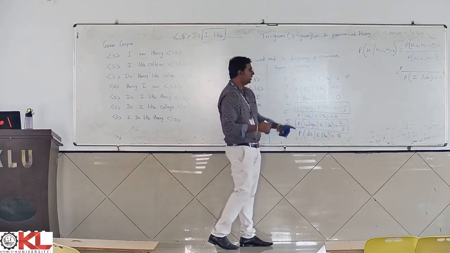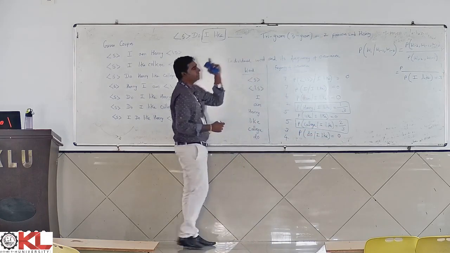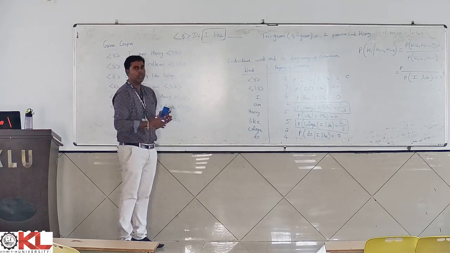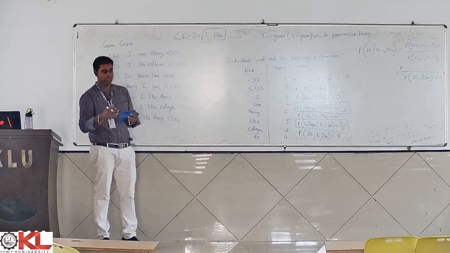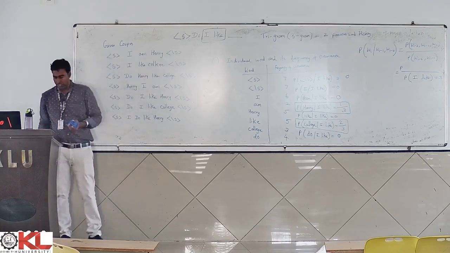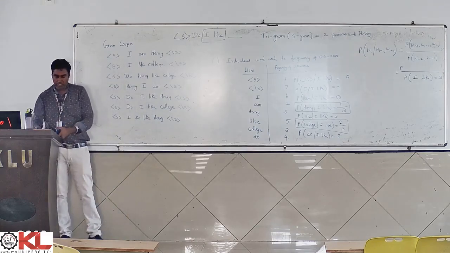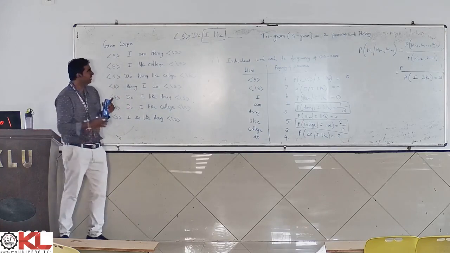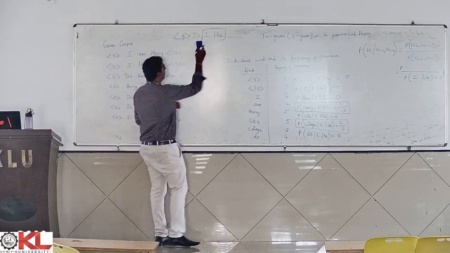That is 2 by 3, so "college" is the word that occurs the most times. I hope you understood how to use the trigram model. We will check one more case, the next one: "Do I like college?"